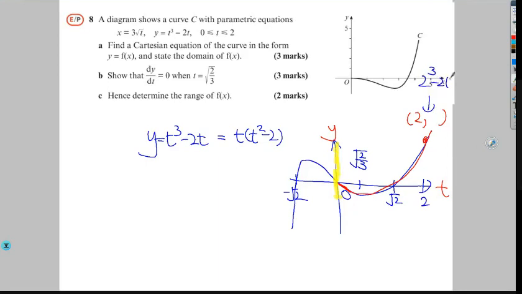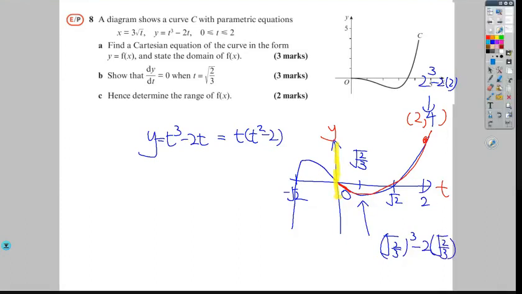So I can just highlight this part, from the minimum point all the way up to where we end, which is 2, comma, a coordinate, will be my range of f of x in a y against t graph.